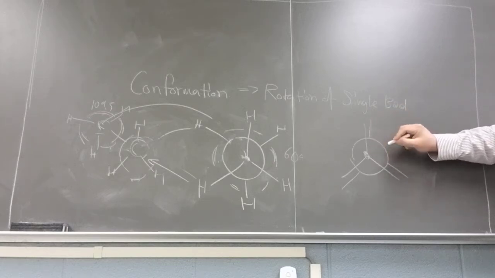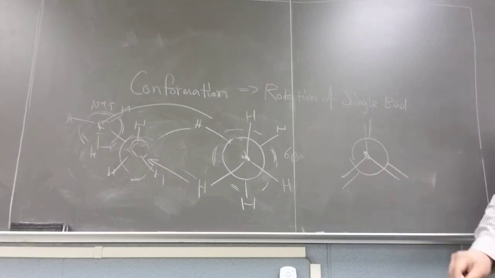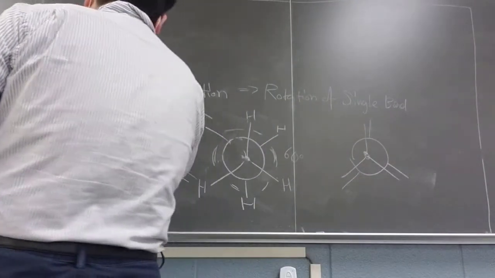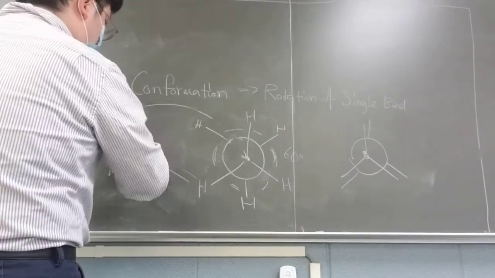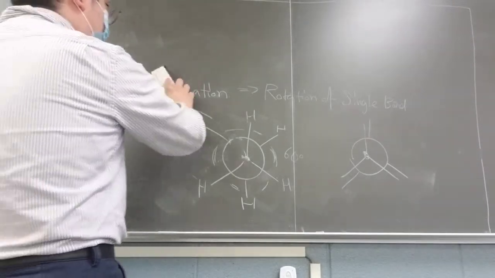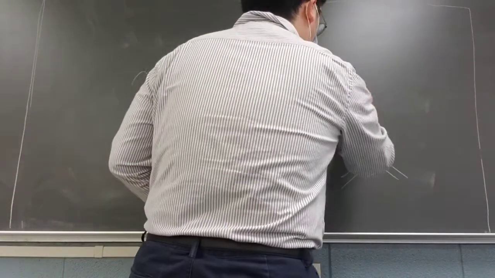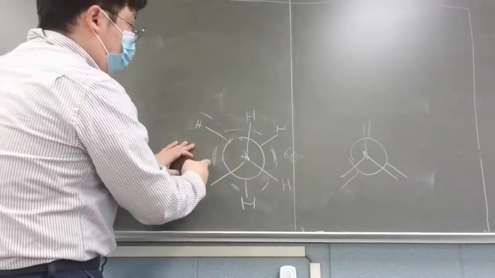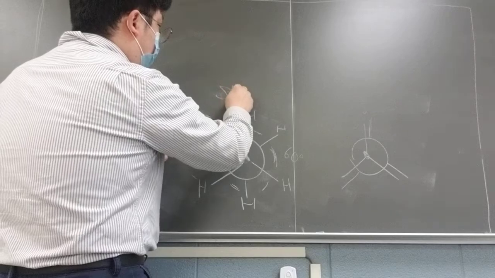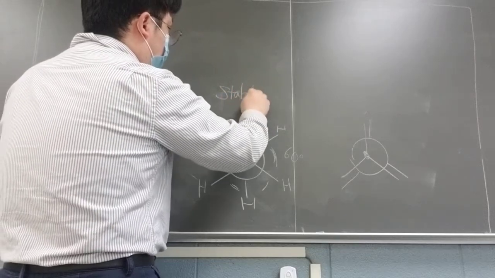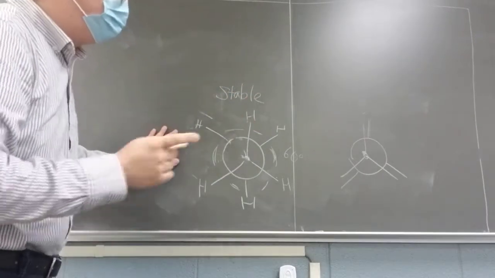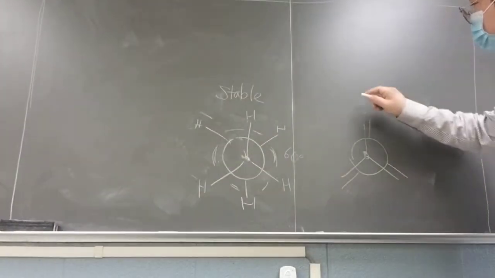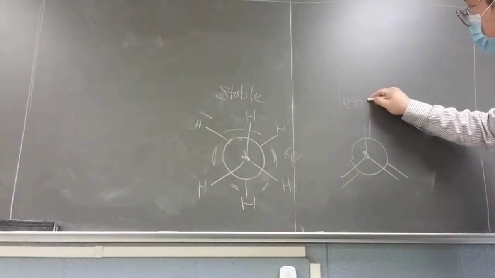The front and the back are almost parallel to each other, right? We sometimes worry about this because it gives a bit of a difference in energy status. So this is stable, or you can say more stable than this one, which is less stable or unstable.